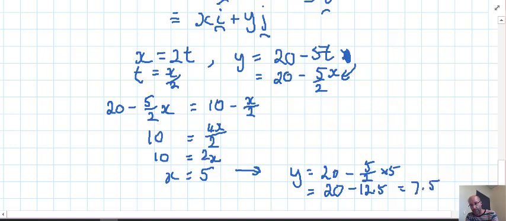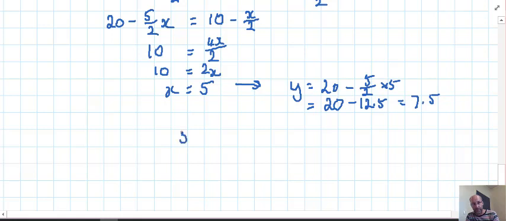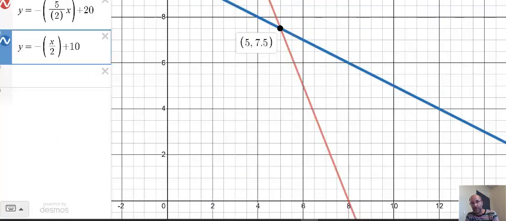So we have the point (5, 7.5) is where they collide when we're talking about Cartesian story. So they collide there, and graphically, using technology to verify, you can see that that's true. Yeehaw!